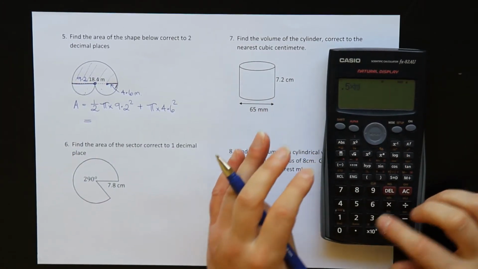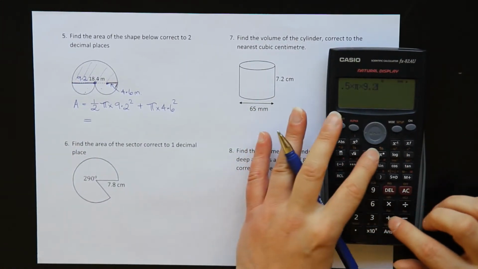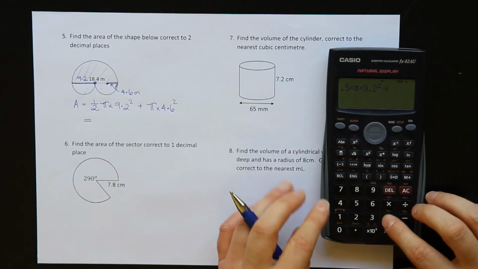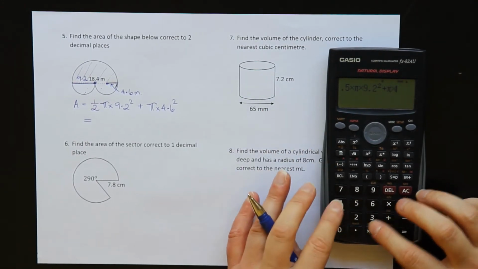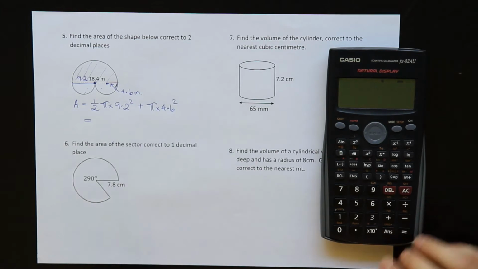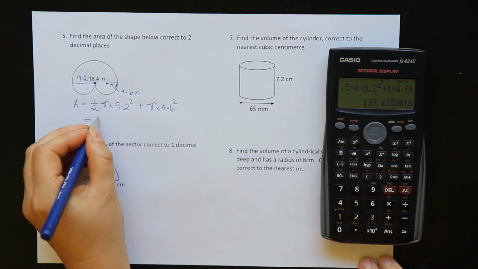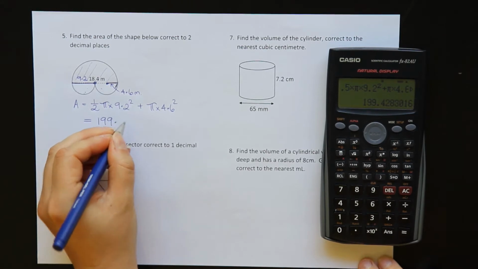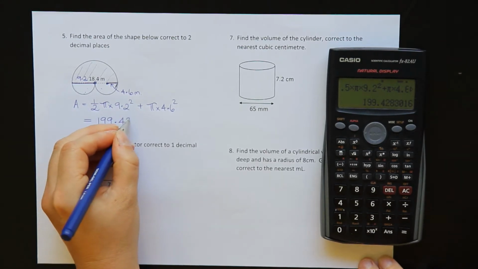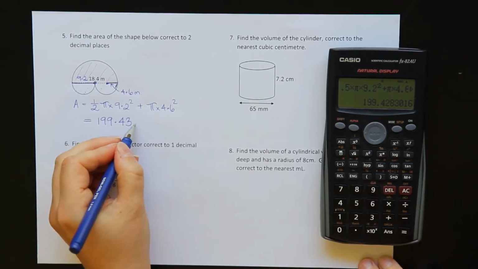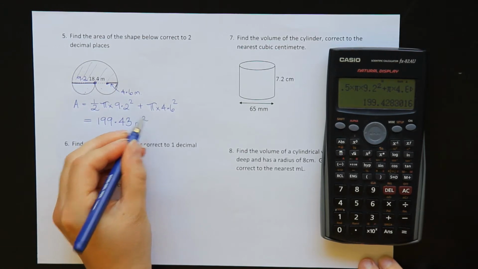Half times pi times 9.2 squared plus pi times 4.6 squared. Correct to 2 decimal places, we have 199.43. We're doing area now, so we need to have meters squared.